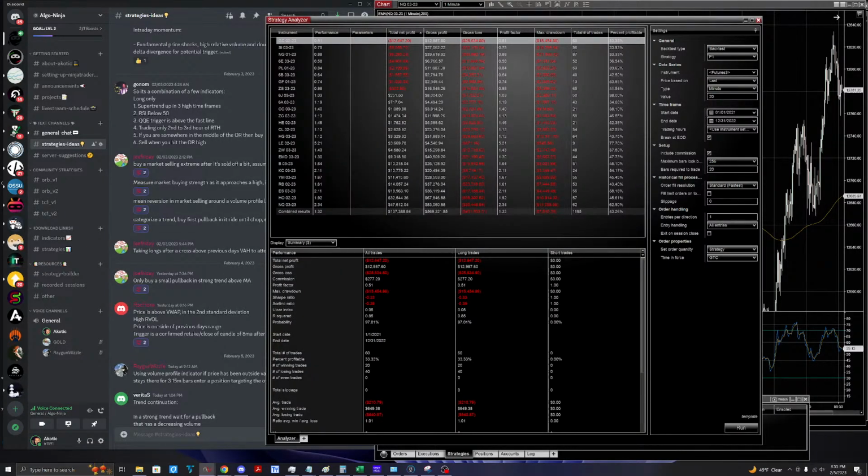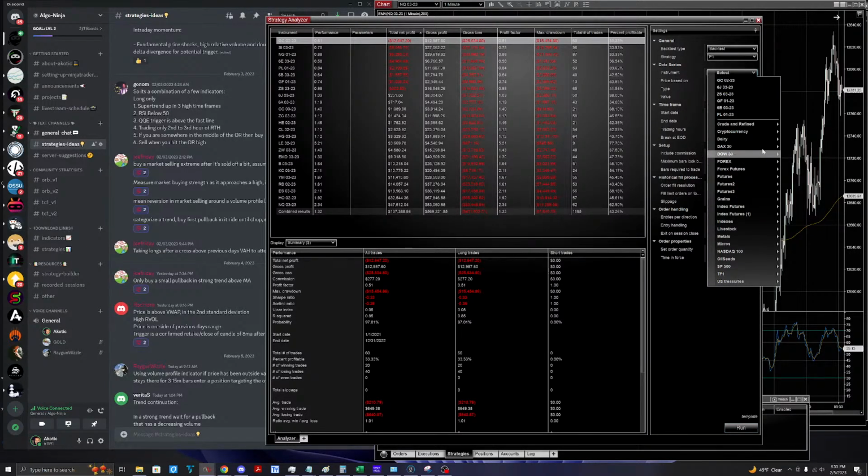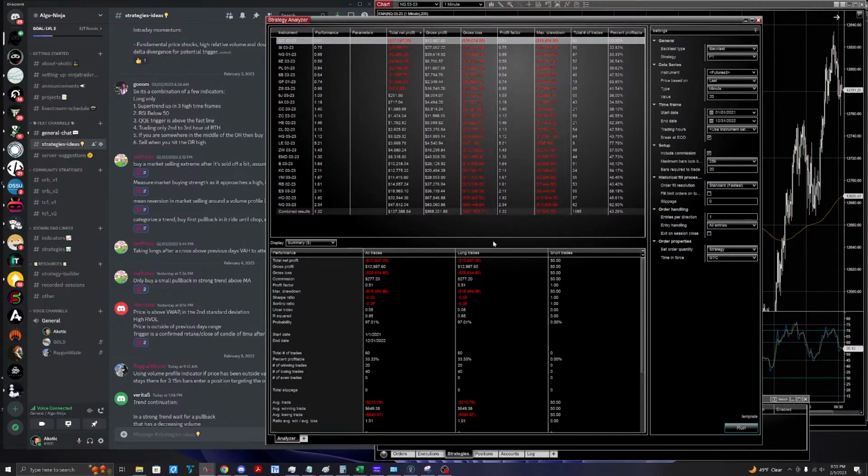I'd run it across these different asset classes, indexes, metals, grains, and all that good stuff, just to get a feel to see if that pattern is occurring enough, because that's all you're really relying on. If you create a strategy that's designed to profit on a pattern, then the profitability of that strategy is solely determined by whether that pattern is happening often enough.